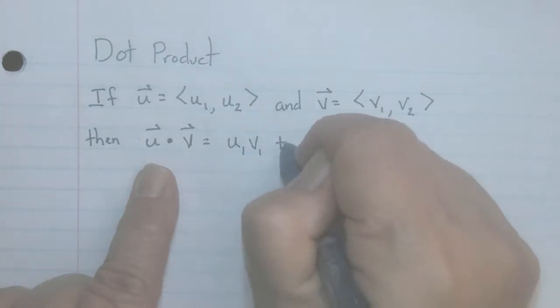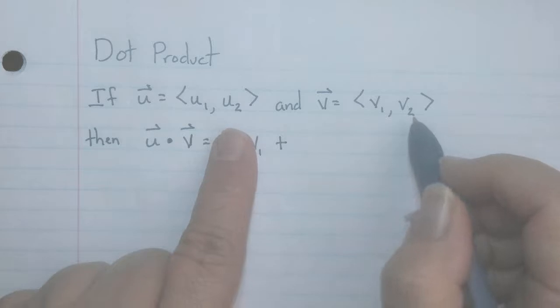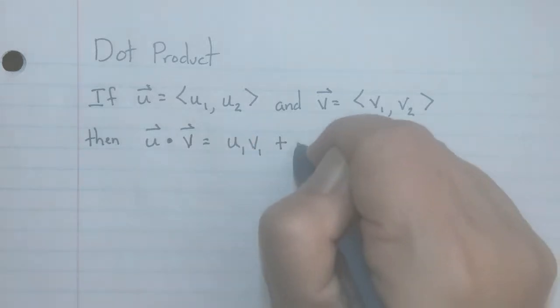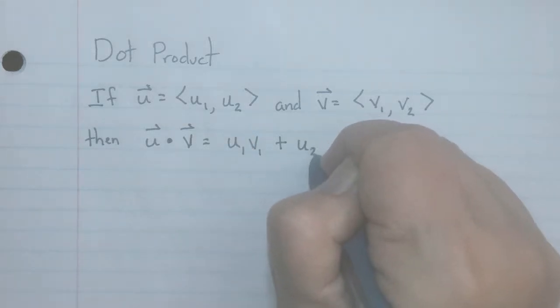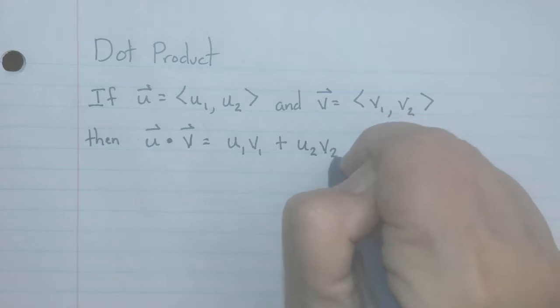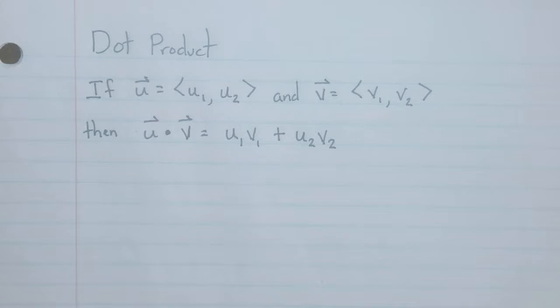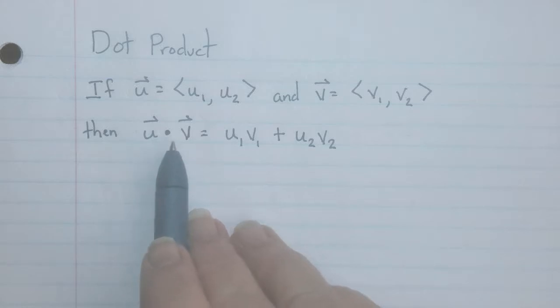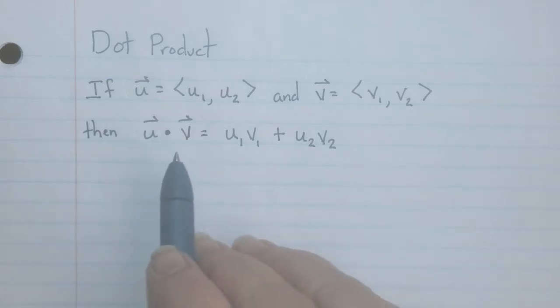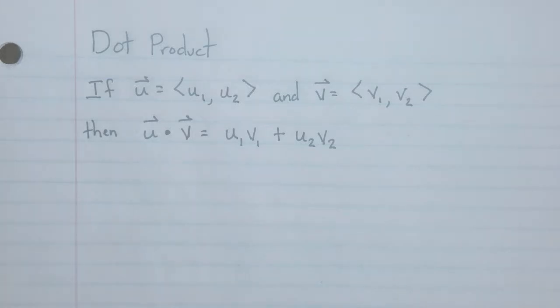And then add that with the two vertical components multiplied together. u2 times v2. So that's how we calculate a dot product. So when you see this dot with vectors, you say dot. Don't say multiply, don't say times, because it's not exactly the same thing as traditional multiplication.